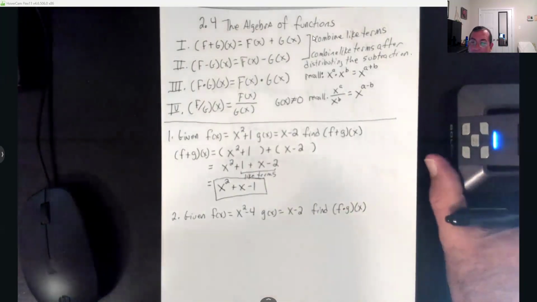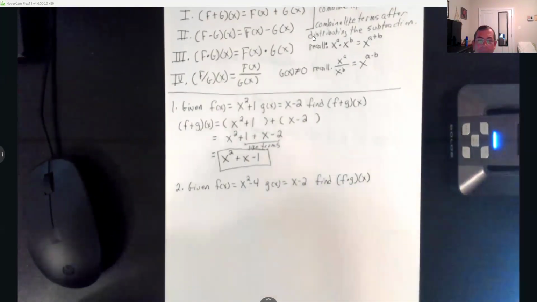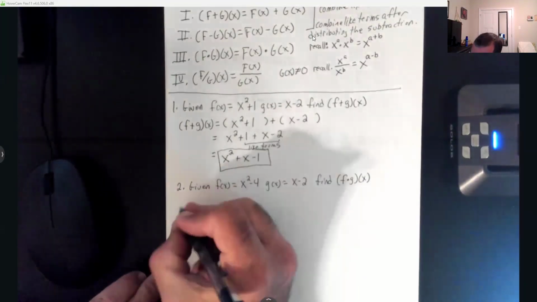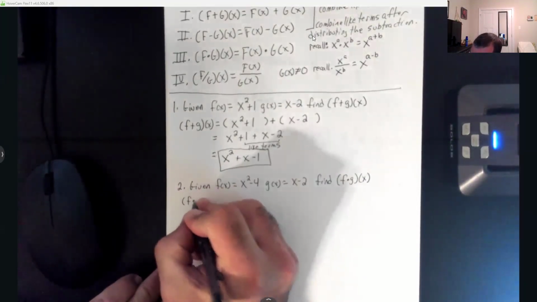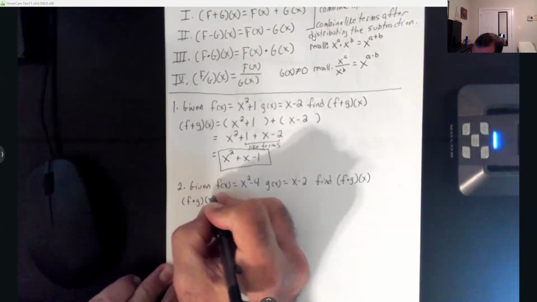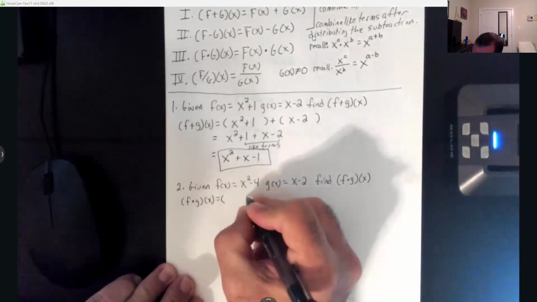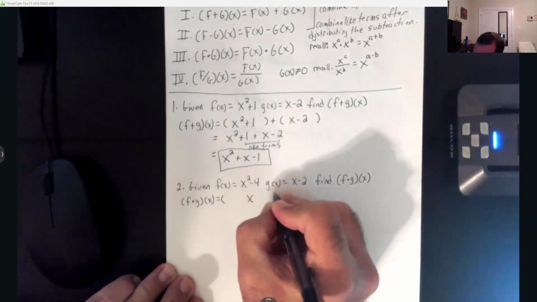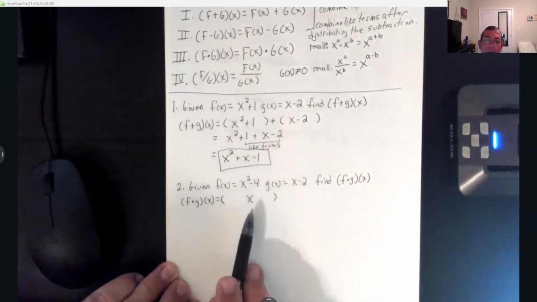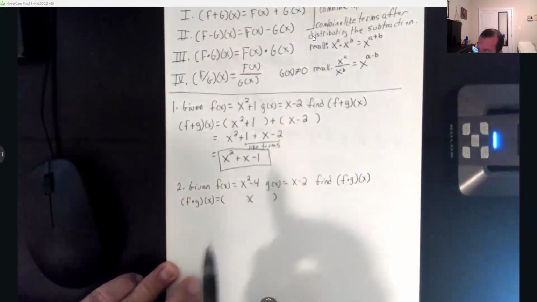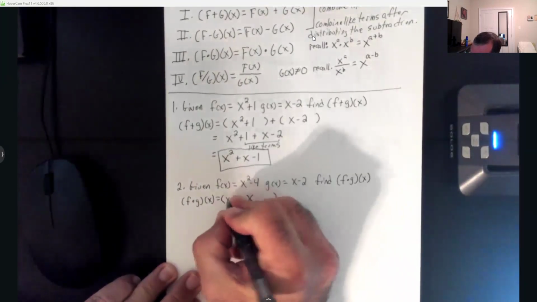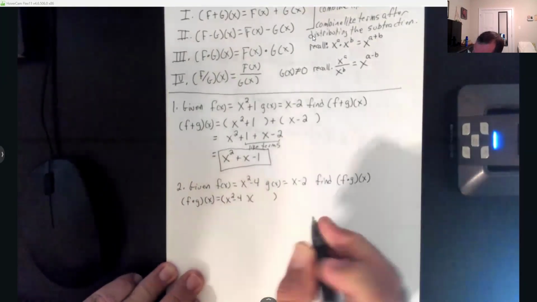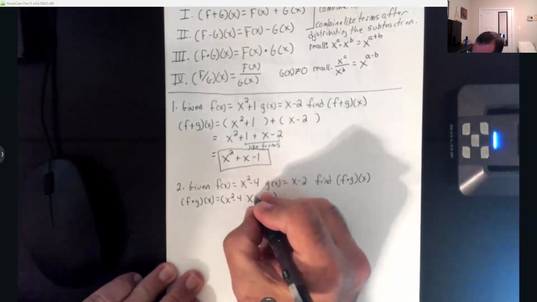So it looks like a little multiplication on this one. f times g of x will equal my f times my g. So we put in x squared minus 4 for the f, and then my g would be the x minus 2.